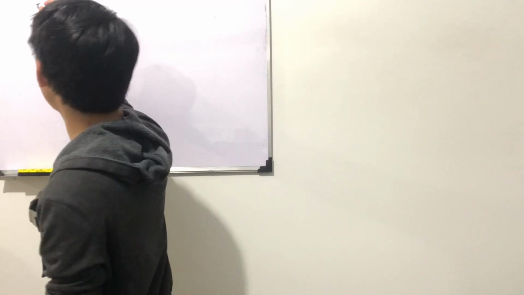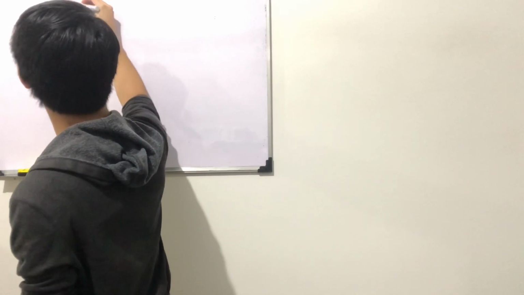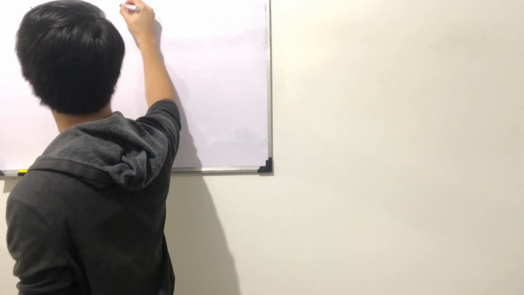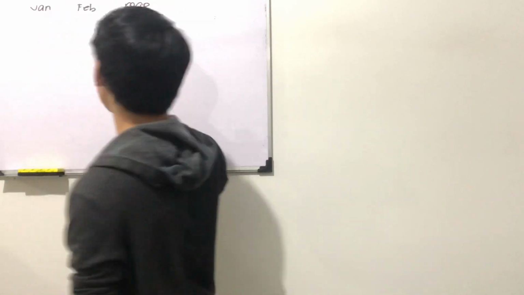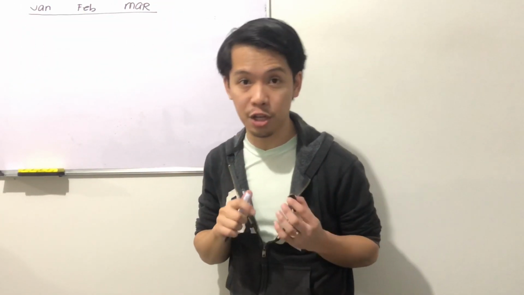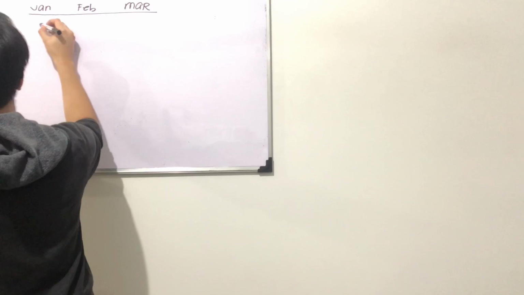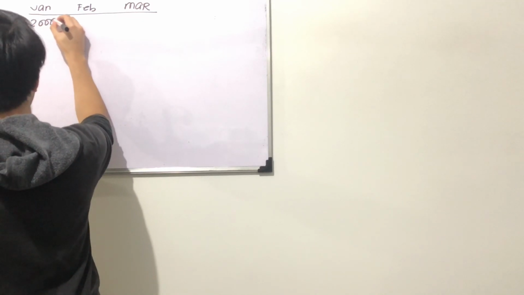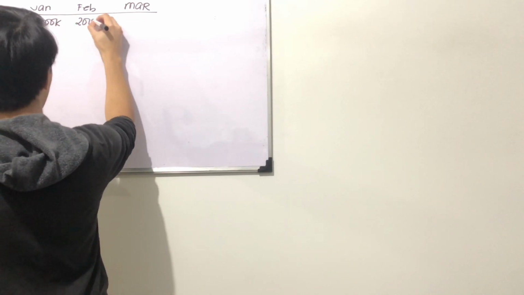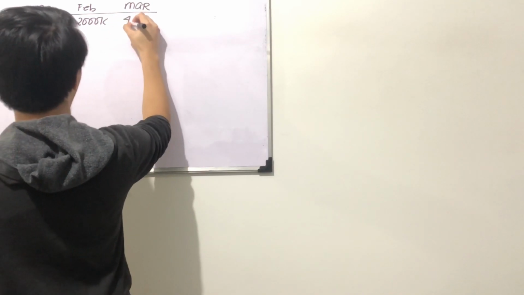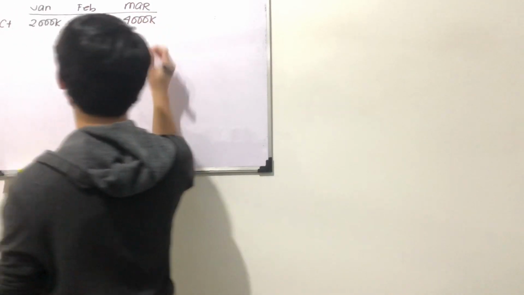Let us first have the projected cash flows throughout the first quarter. So we have January, February, and March. Let's begin with the cash inflow. Cash inflows would be 2 million, 2 million, and 4 million, respectively.